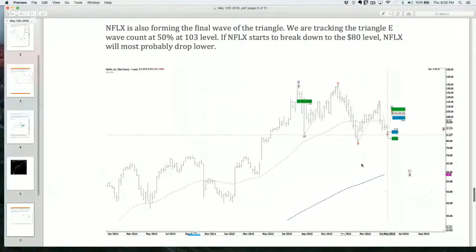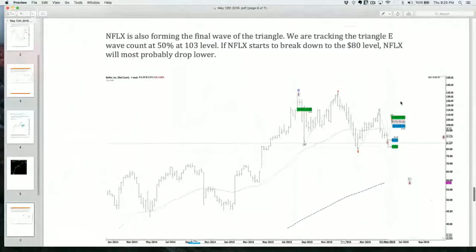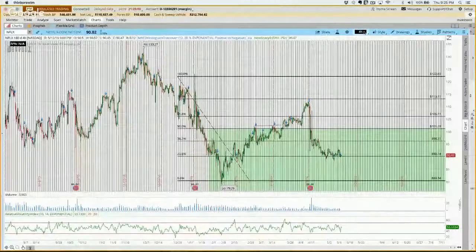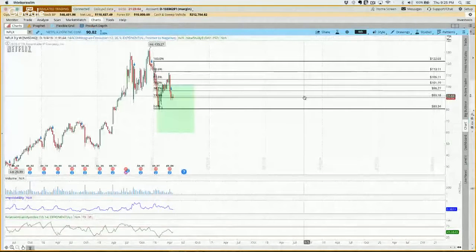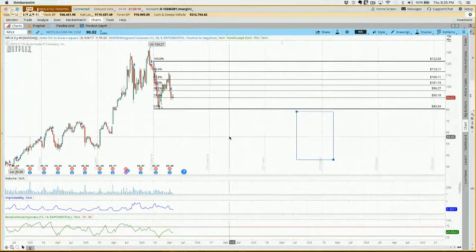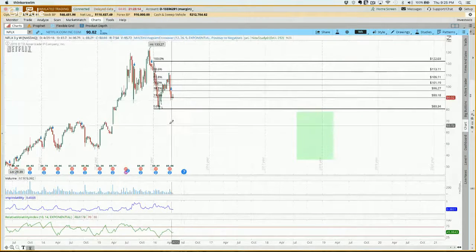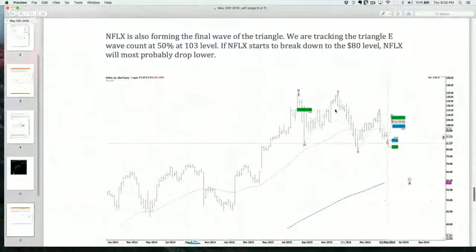So let's plot A, B, C, D, and E for Netflix. They'll be on the weekly chart, so this will be super slow, probably another few weeks. You'll be waiting a few weeks for this triangle to be formed, but I'm just showing you how to plot, how to calculate a triangle pattern like this.